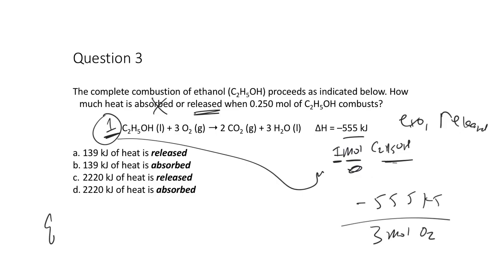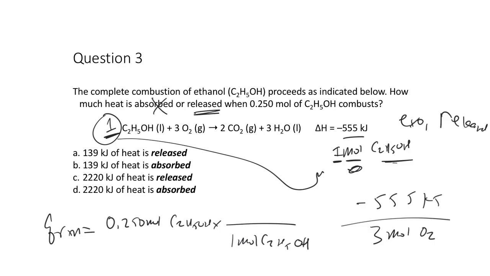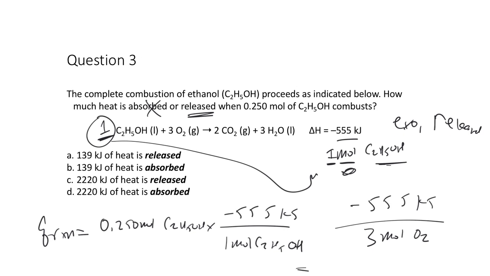So how much heat? My Q reaction, I'm going to take the 2.5 moles, and for every 1 mole of C2H5OH that reacts, has a Q reaction of minus 555 kJ, and so that will be 1390.